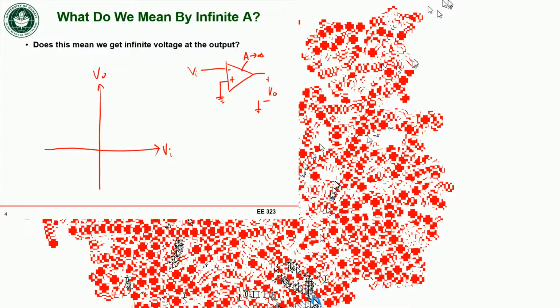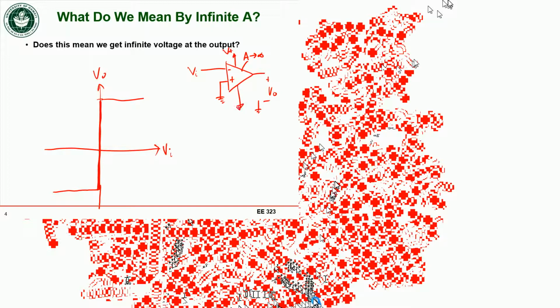Infinite gain means that this is vertical, but I won't get infinite volts at the output because my amplifier is going to saturate. I'm supplying this with some positive voltage and some negative voltage.